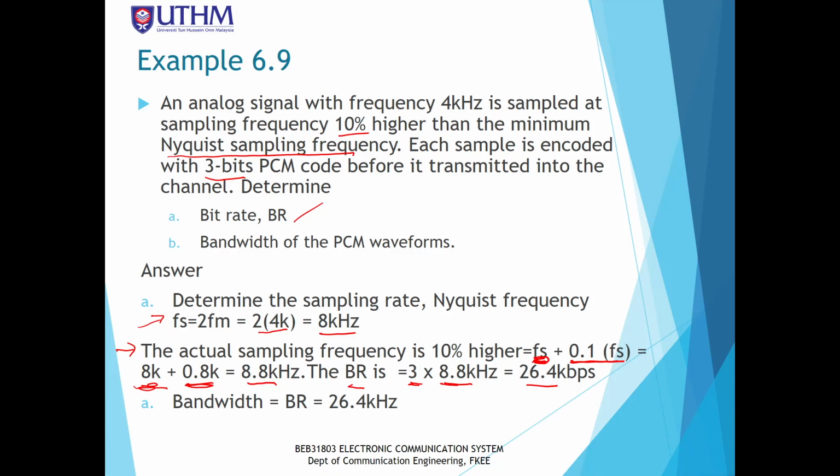And then the next question asks the bandwidth of the PCM waveform. This question does not mention whether this is using a sinc function or using a rectangular pulse train.